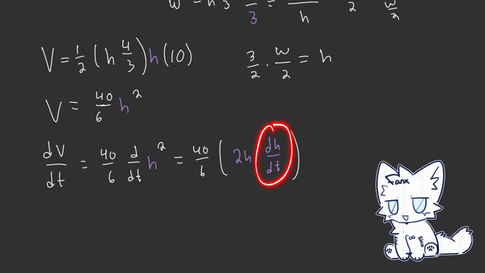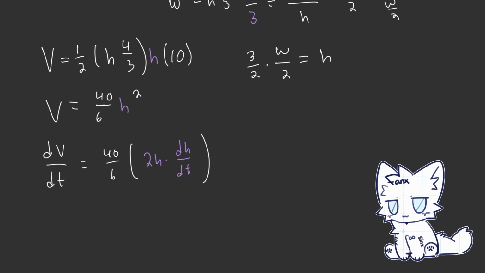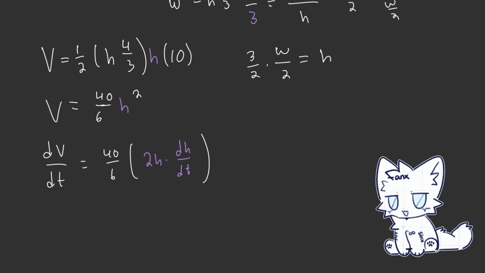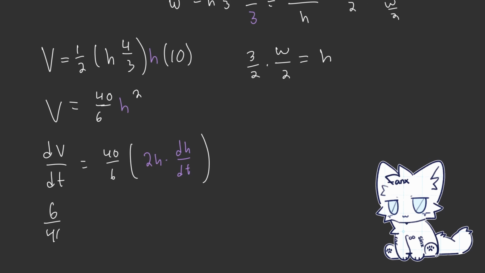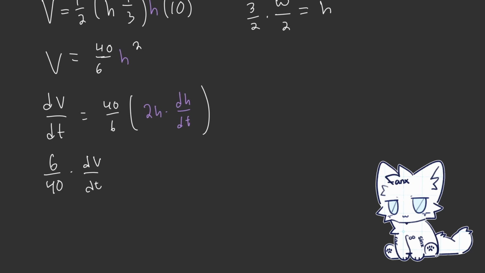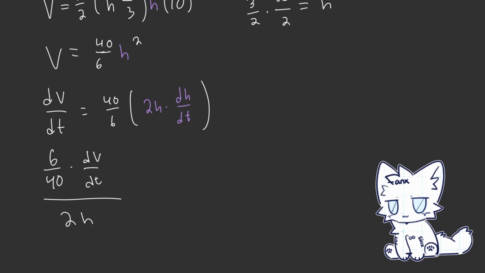Now, this is what we want, okay? We can just delete this, and that would be our equation. Now, we just need to do some algebra. 6/40 times the change in volume in respect to time, all divided by the height at that specific time, is equal to the change in height in respect to time.